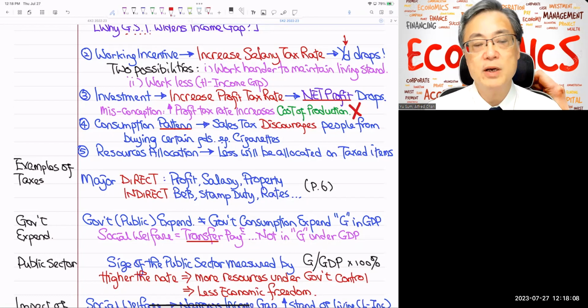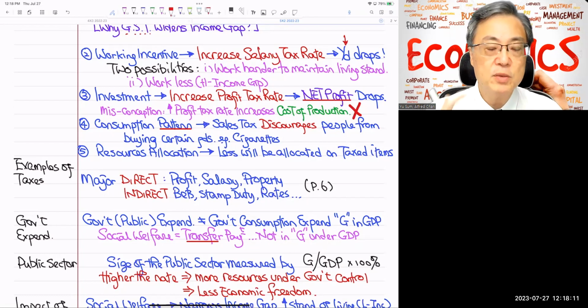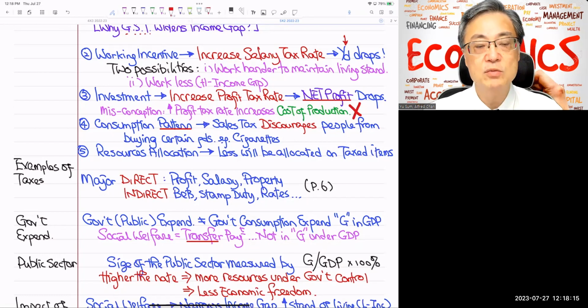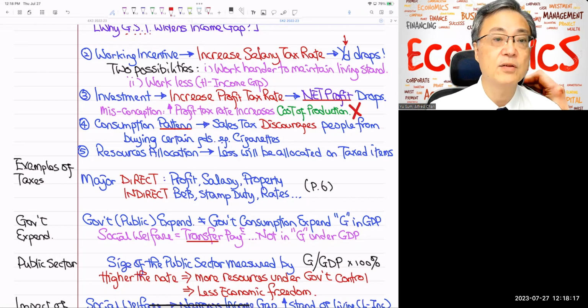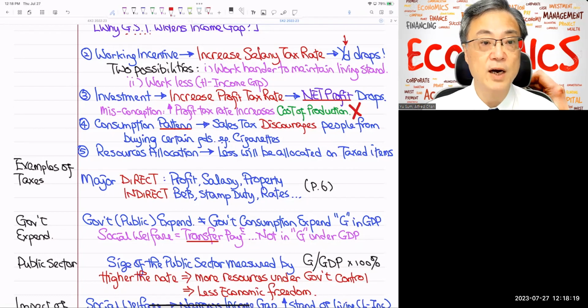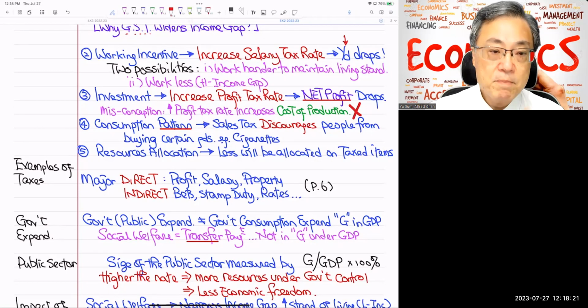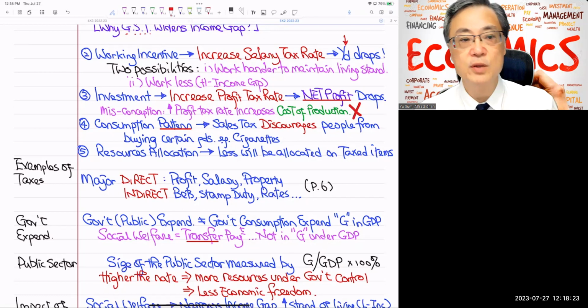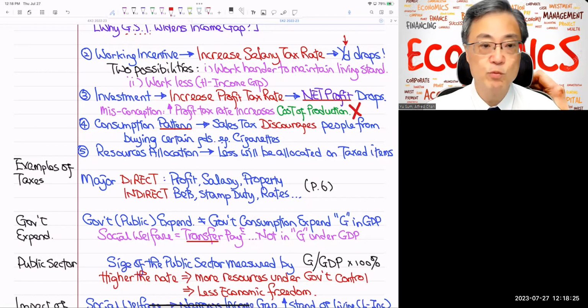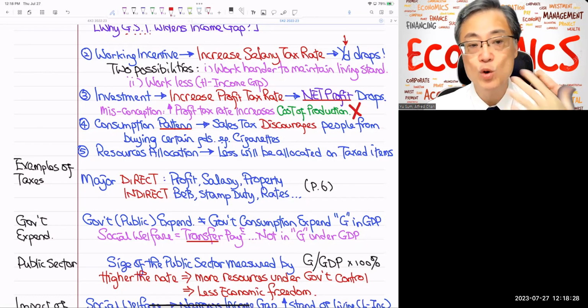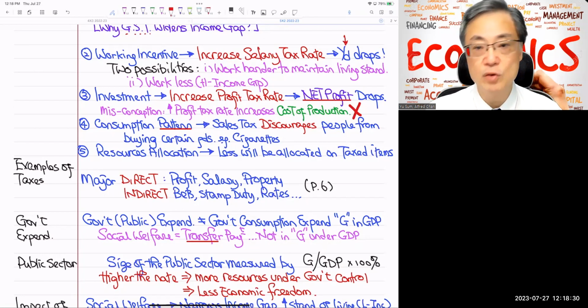For the low or even the middle income group, they may work harder in order to survive or maintain their standard of living. But on the other end, the high income group may end up working less. The working incentive may drop because they have more than enough to survive. So you tax me, well, I just take life easy.